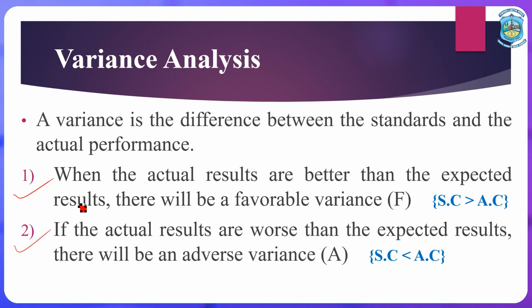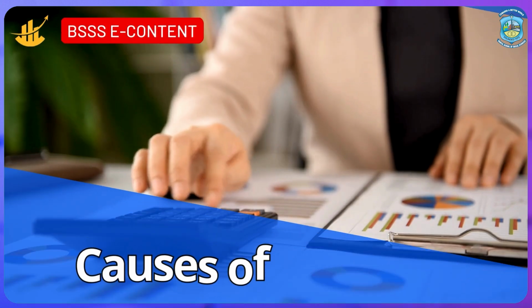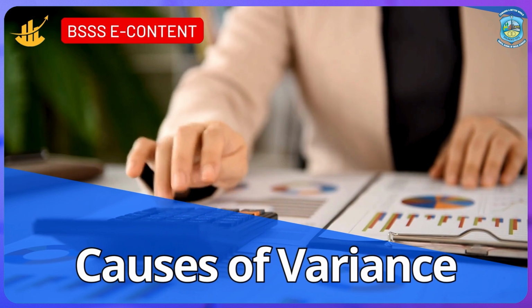Number 2, if the actual result is worse than the expected result, there will be an adverse variance, means standard cost is less than actual cost, it will not be favorable for the organization. So, we can avoid this.